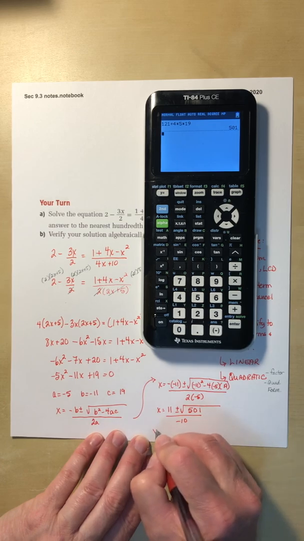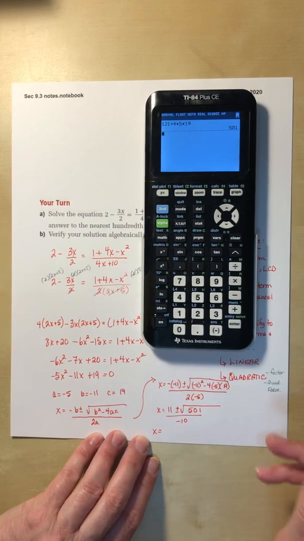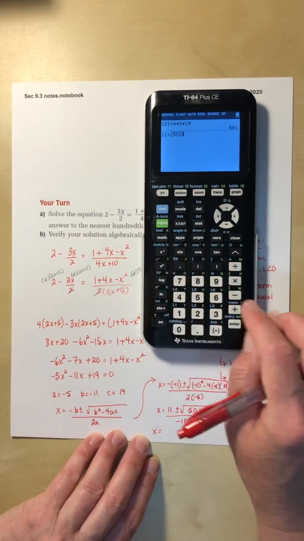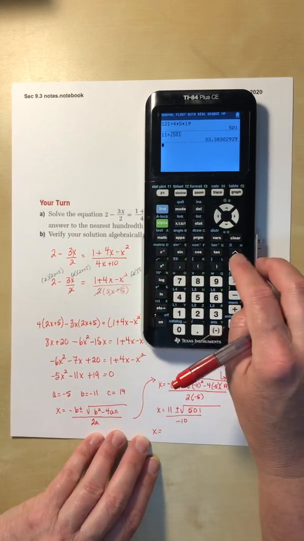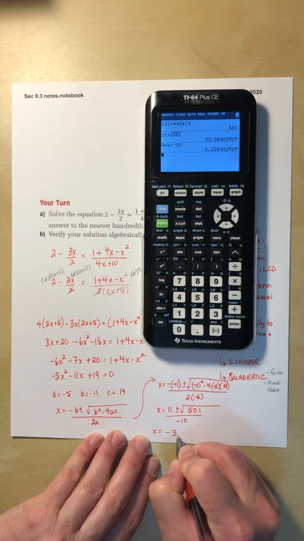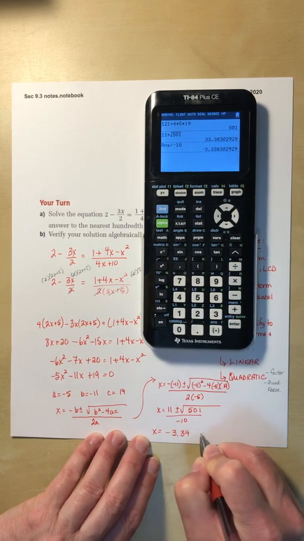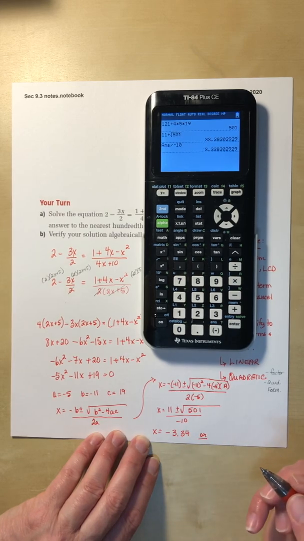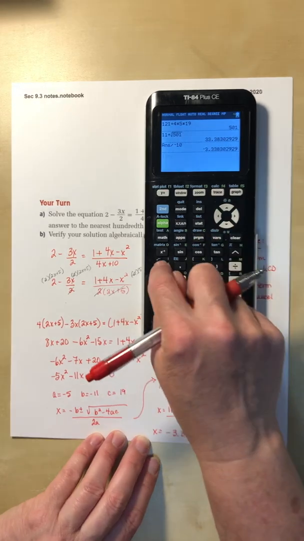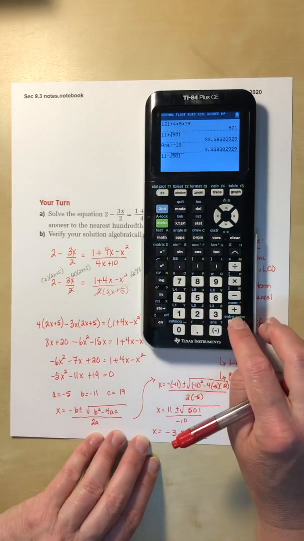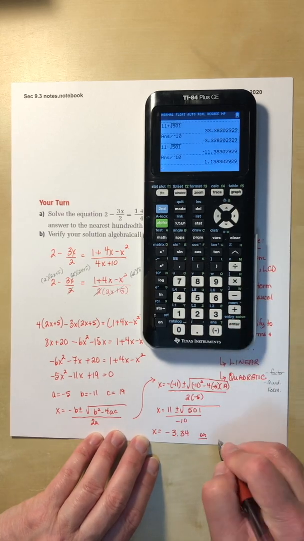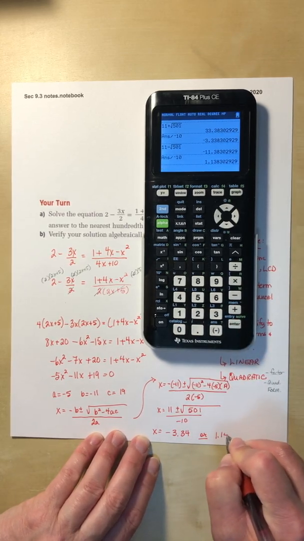And when we solve for each of these solutions, 11 plus the square root of 501 divided by that negative 10, one solution we get is negative 3.34, or 11 minus the square root of 501 divided by the negative 10, and we get a positive 1.14.